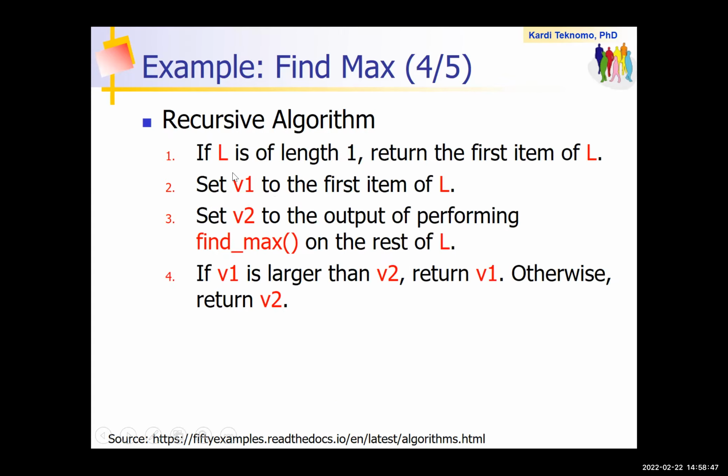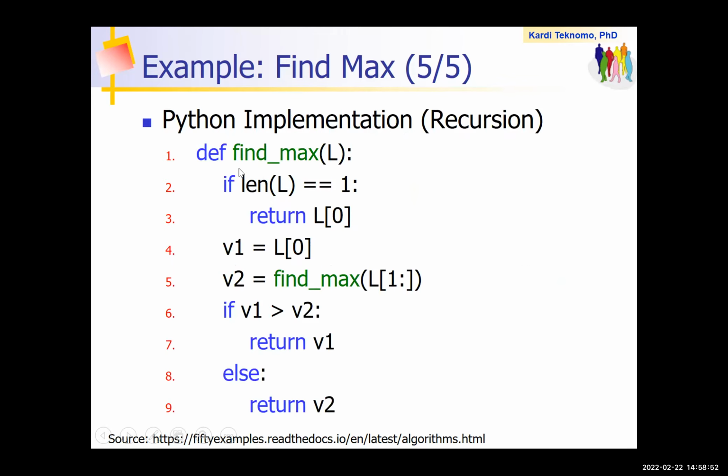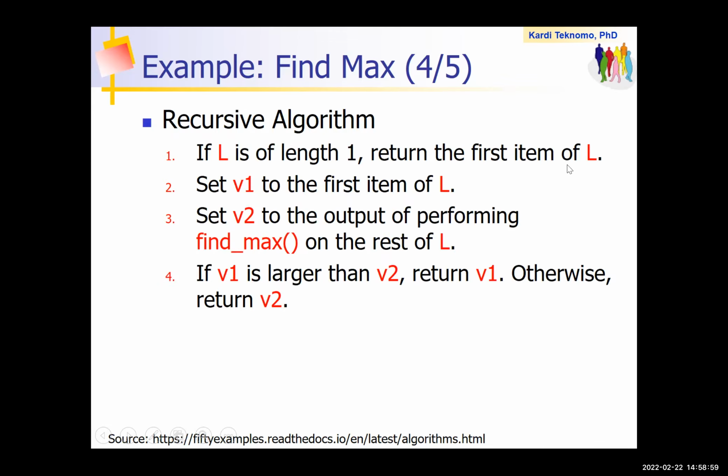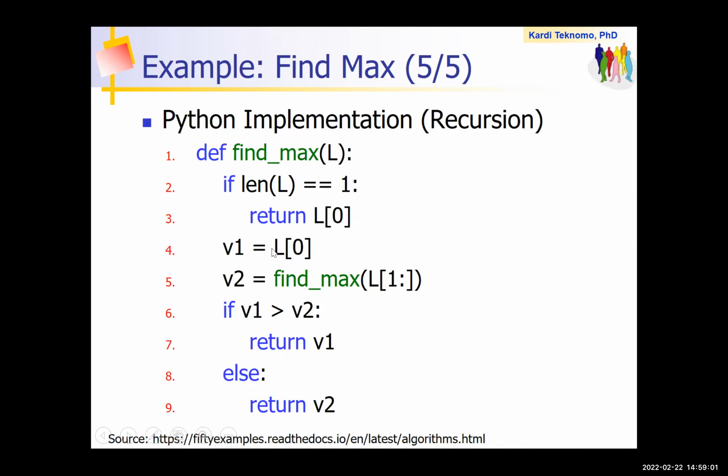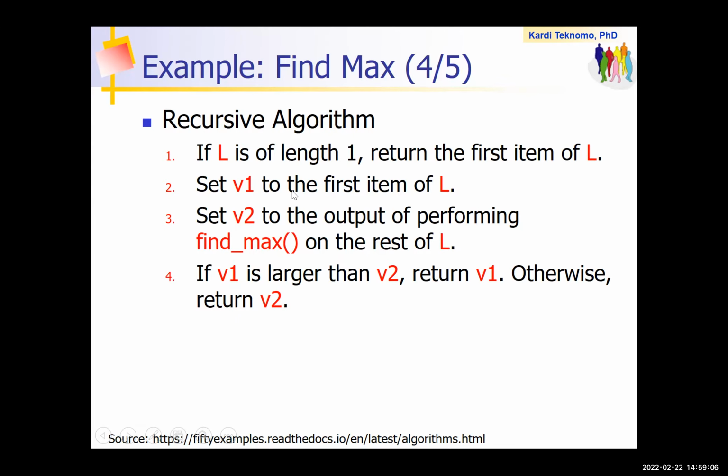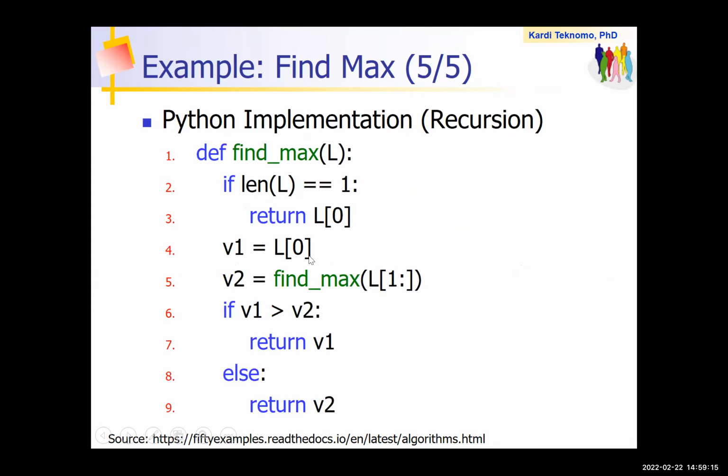Again, if the length of L equals 1, return L0, that means return the first item of L. Then V1 is equal to L0, so set V1 to the first item of L. And then set V2 to the output of performing find max on the rest of L. So V2 equals find max recursive.